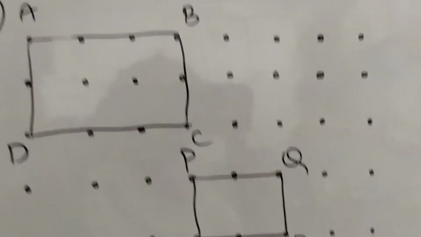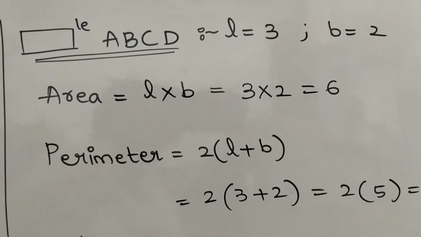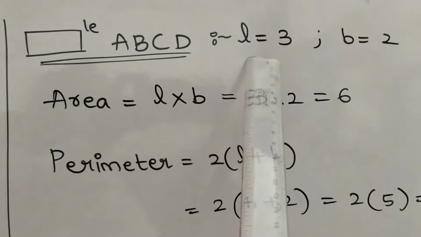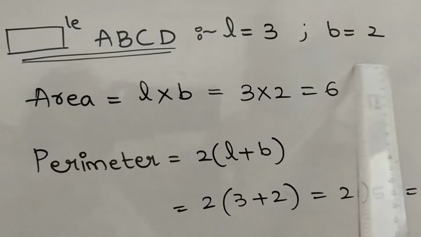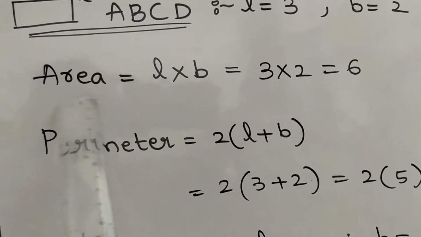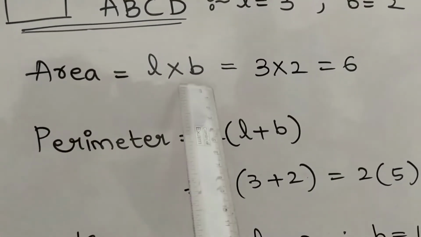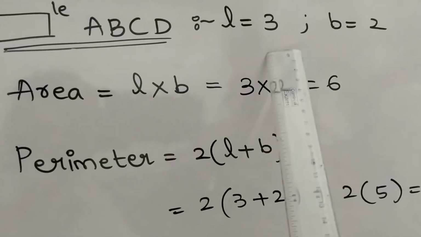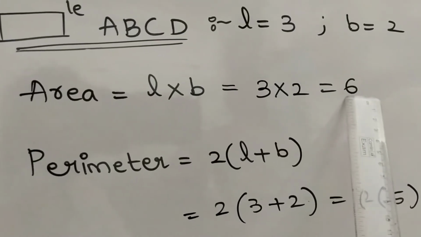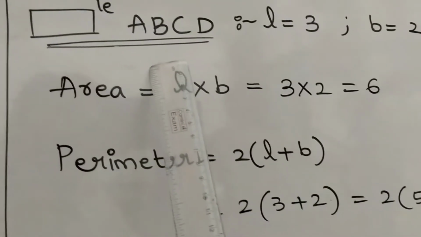Let us find the solution. So what is there, students? For rectangle ABCD, length is 3 and breadth is 2. Area we know is length into breadth, that is 3 into 2 equals 6. Now we have to find the perimeter.